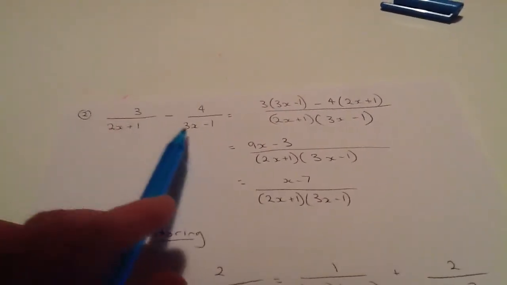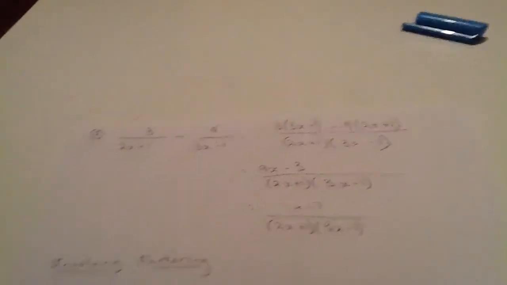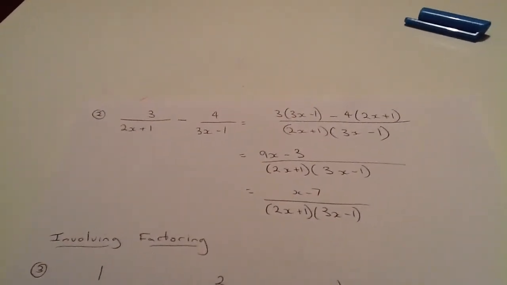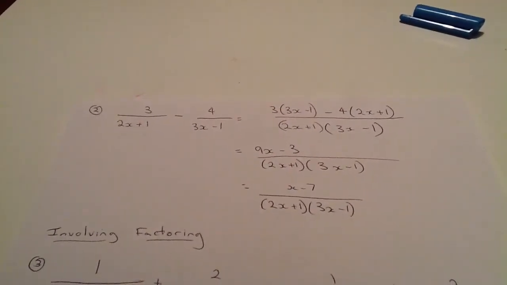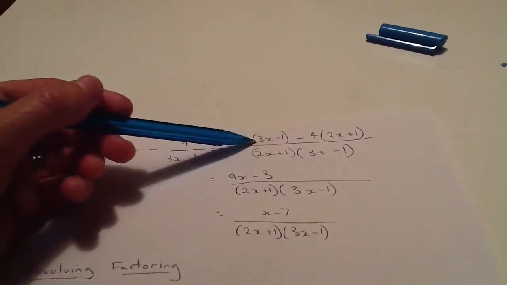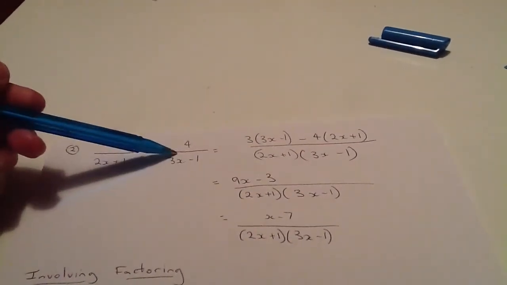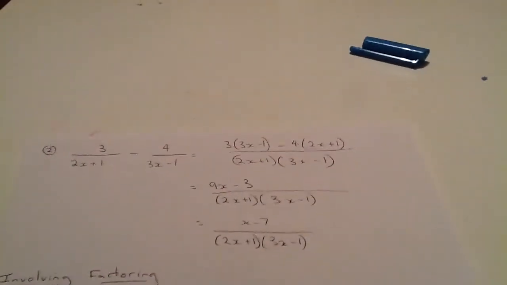So 4 and 5 you multiply to give 20. So here we just multiply the denominators together. And in this case here, what we needed in the first fraction was the 3x minus 1, hence 3 multiplied by 3x minus 1. And in the second fraction, we're missing the 2x plus 1, so we put the 2x plus 1 in the bracket there.